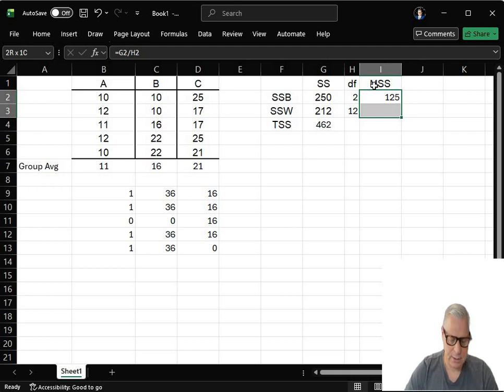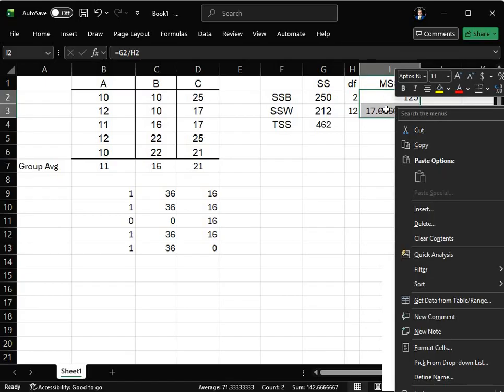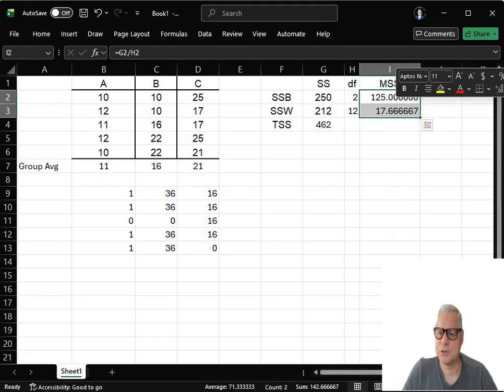And the sum of squares within each group, I copy down that formula, is 16.67. Okay, so let's maybe display only 2 decimals.